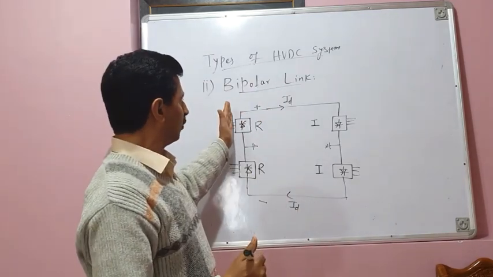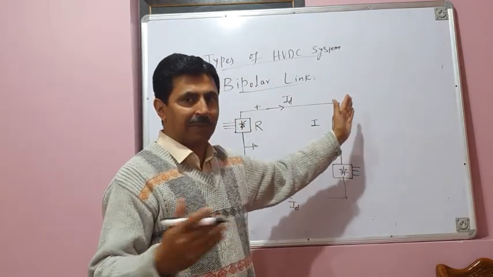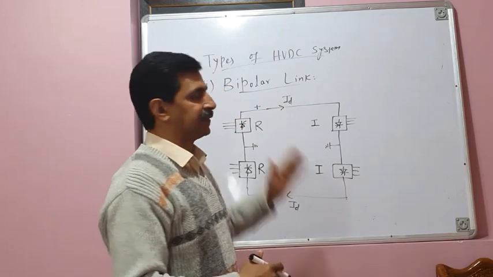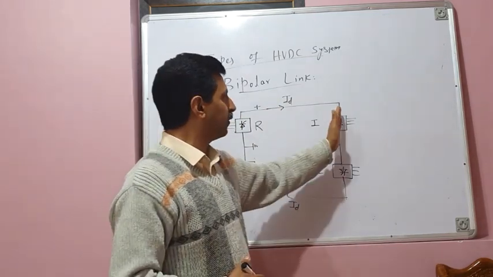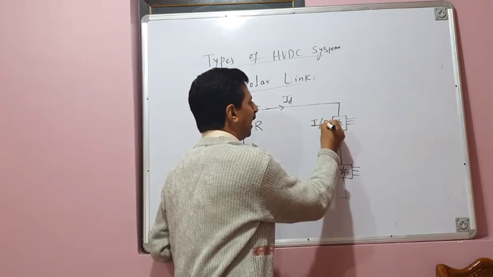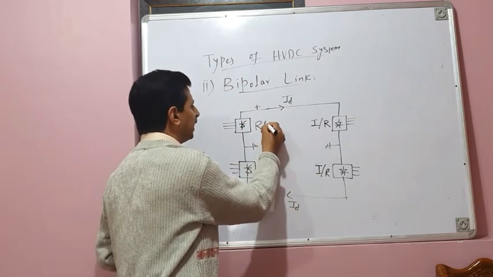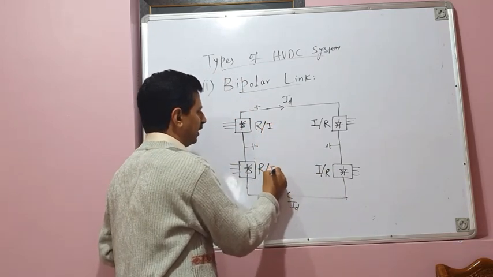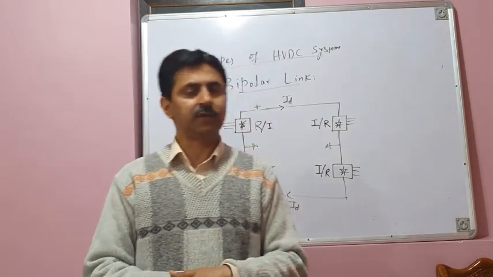Sometimes it can flow from this end to this end, and sometimes you may make power flow the other way, depending upon the requirement of the power. If the direction of power flow reverses, in that case, this will act as rectifier. R stands for rectifier, and these converters will work as inverters.